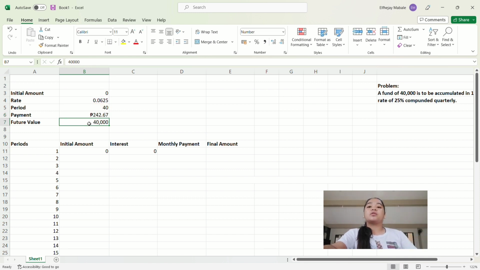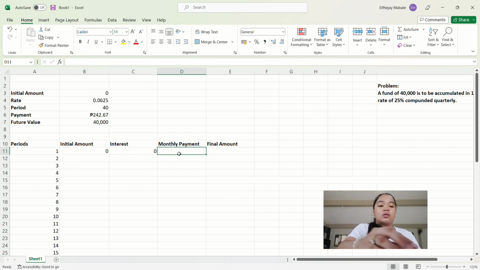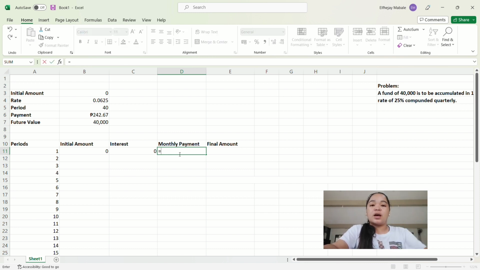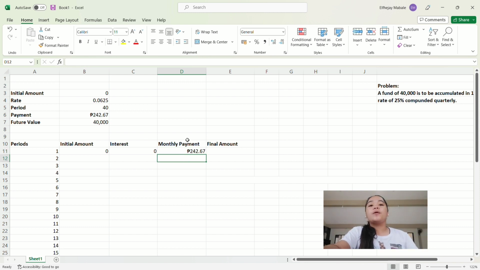So our payment is 242.67 pesos. So here, just type an equal sign and then click the payment, which is 242.67 pesos, and then enter. So our payment is 242.67 during the first period.